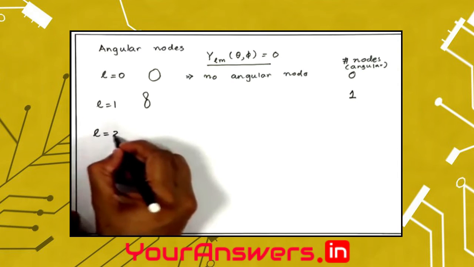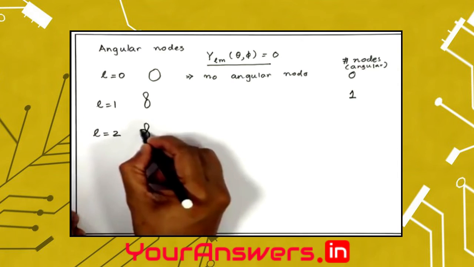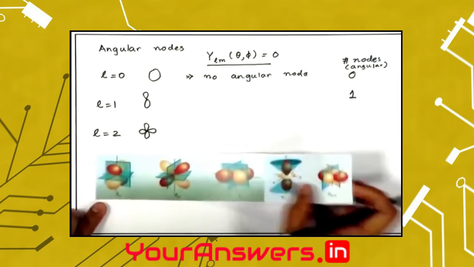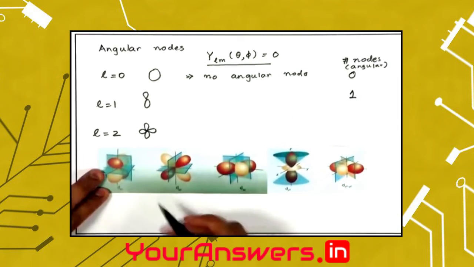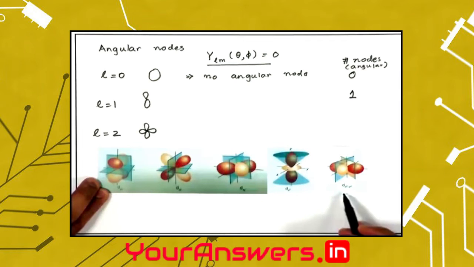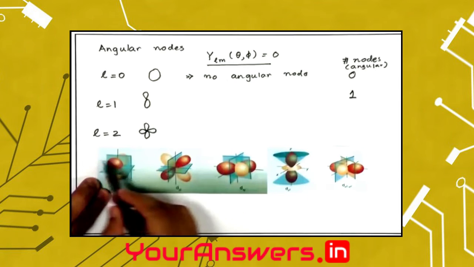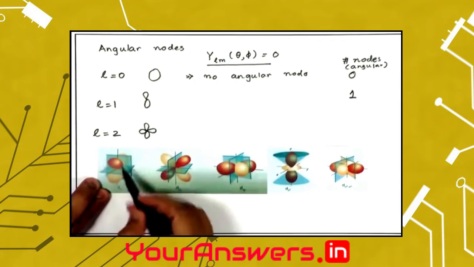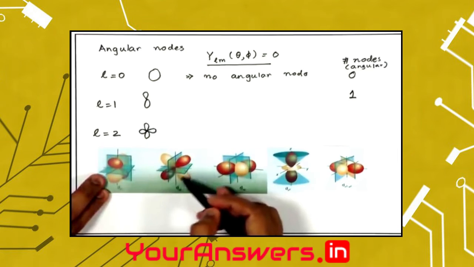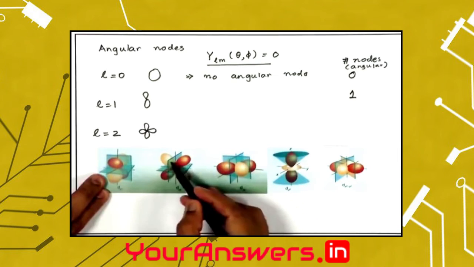When L is 2, we know the shape is a double dumbbell, and I can show you another figure. Here you can see d xy, d yz, d zx, d z square, d x square minus y square, and since it is a double dumbbell, you can define two different planes along which the angular component of the wave function vanishes.